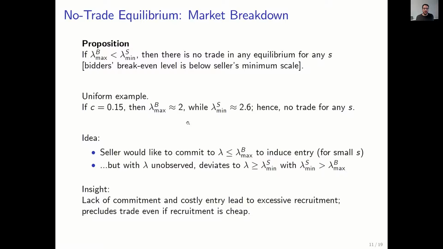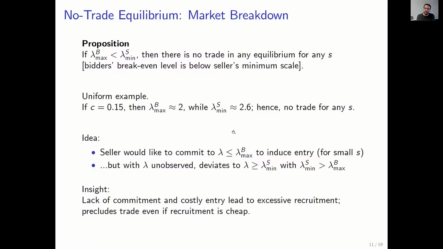So what's going on here? Well, the seller would like to commit and tell the bidders, I'm not going to recruit more than lambda B max bidders. If the bidders would believe this, they would be happy to enter. However, lambda is unobserved. And so the seller would have an incentive to deviate, and he will always deviate to a lambda that is larger than lambda S min, and which is larger than lambda B max.